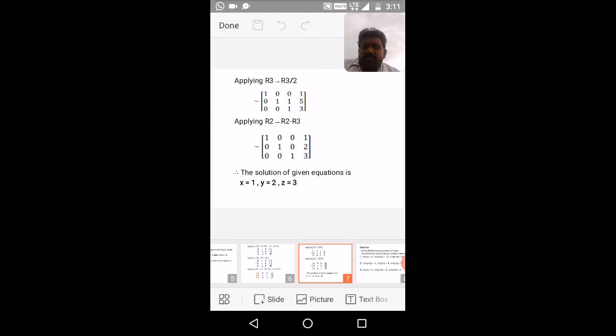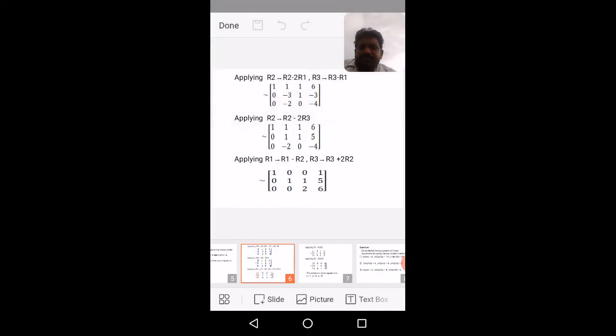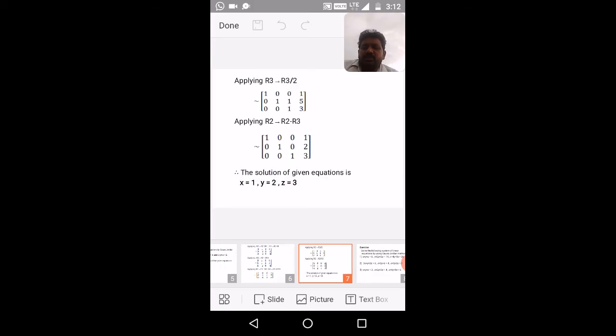Okay, sorry, we are having R3 as 0 0 2 6. So R3 by 2 means 0 0 1 3.